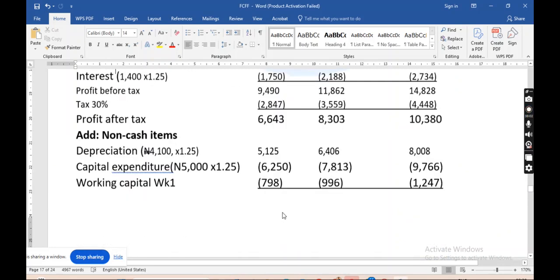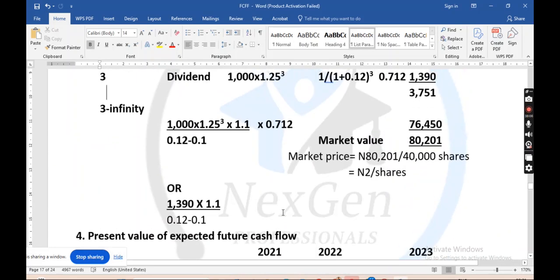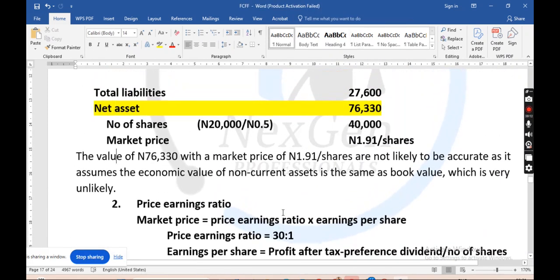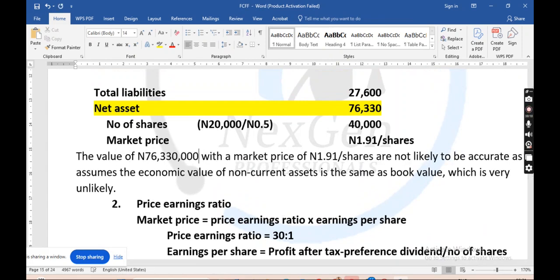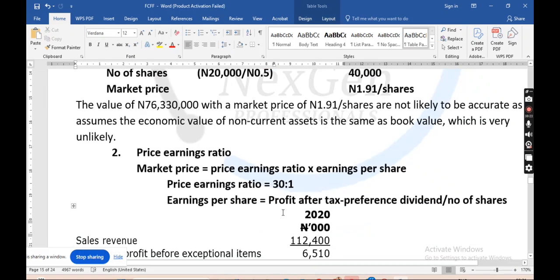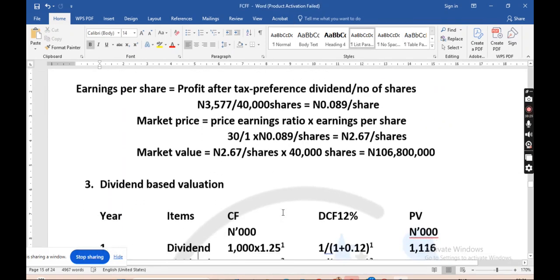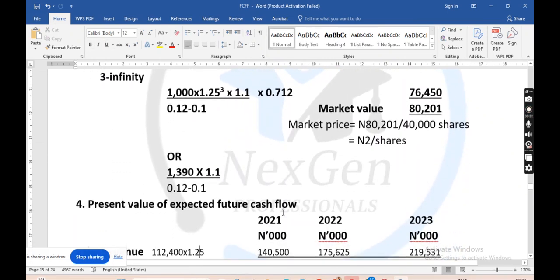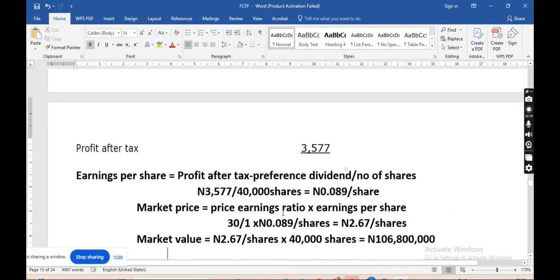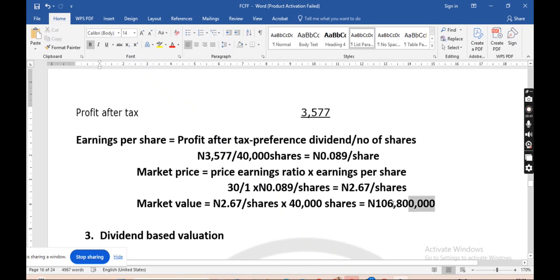Now let me show you something here before we move to the next one. When you look at all this, the asset-based method gave us 76,330,000. Please take notes. Using price earning ratio, it gave us 106,800,000.